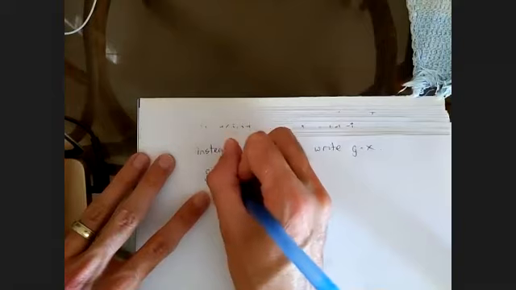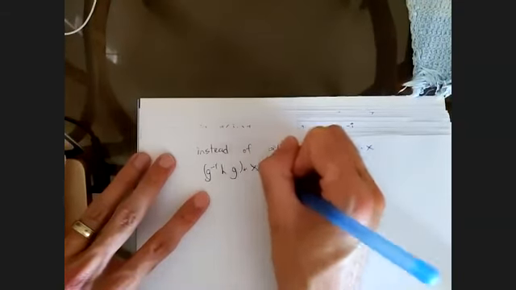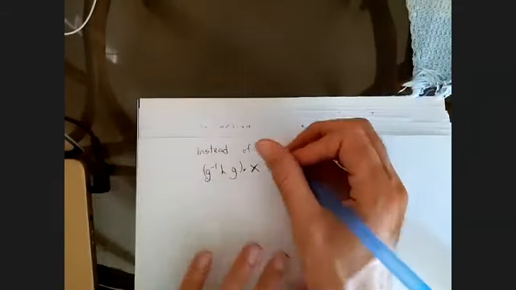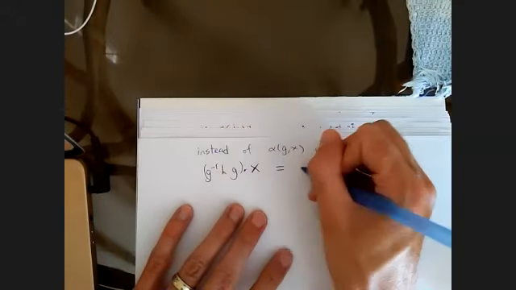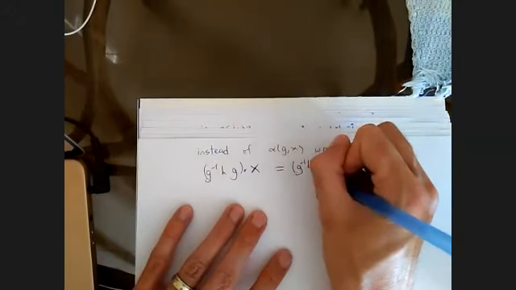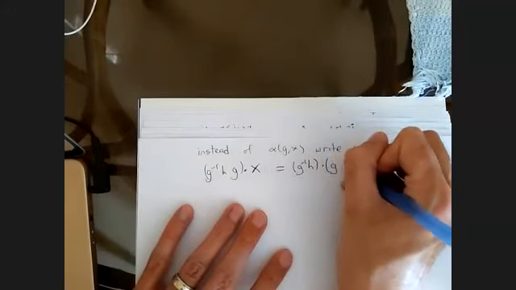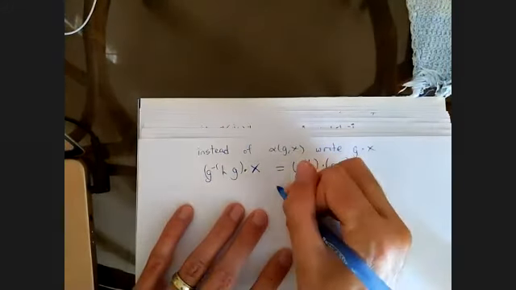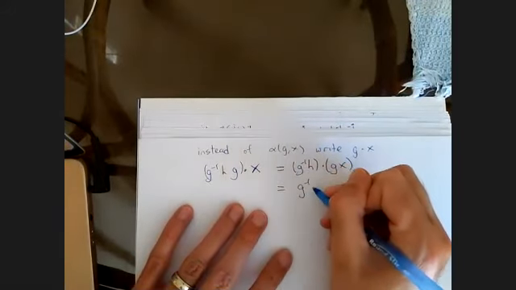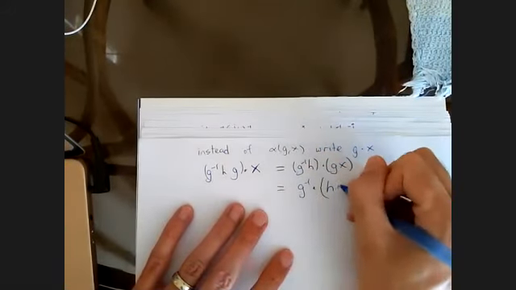So what we want to do is look at g inverse h g times X. The associative property of the group action tells us this is really just g inverse h times gX. Then if we use the associative property again, that's really just g inverse times h times gX.